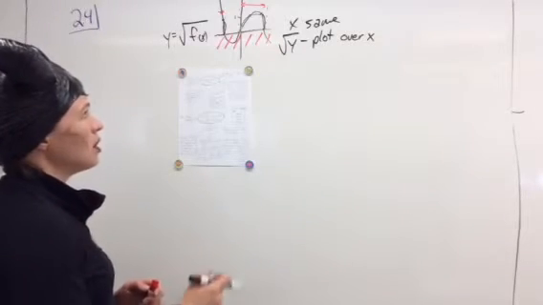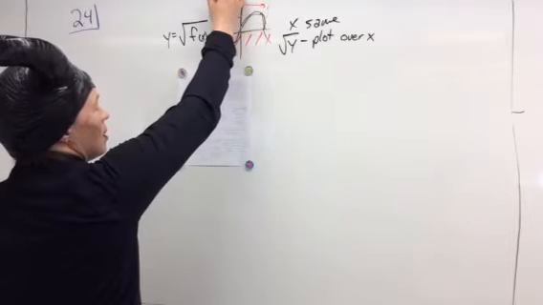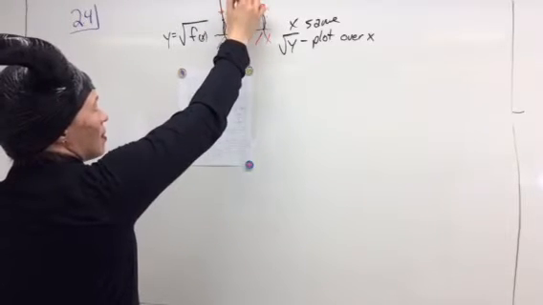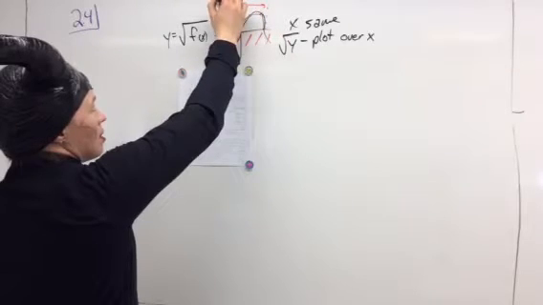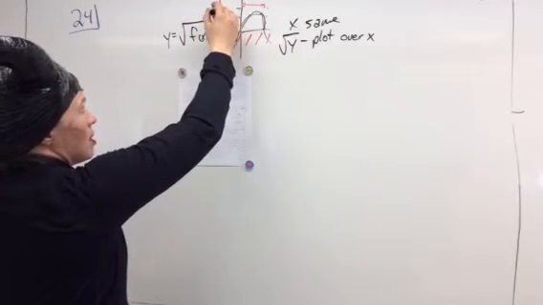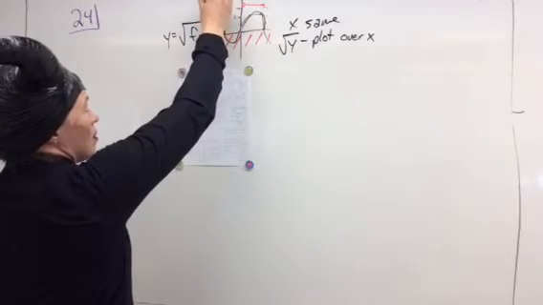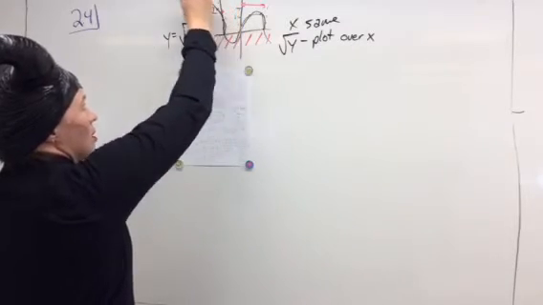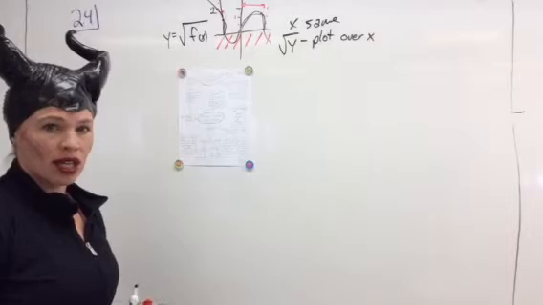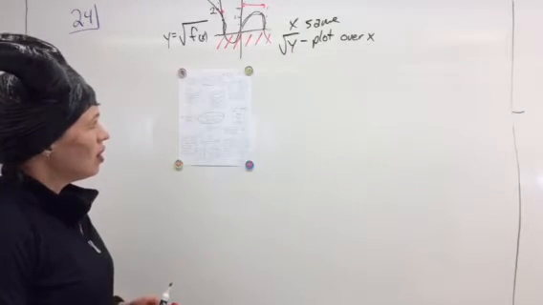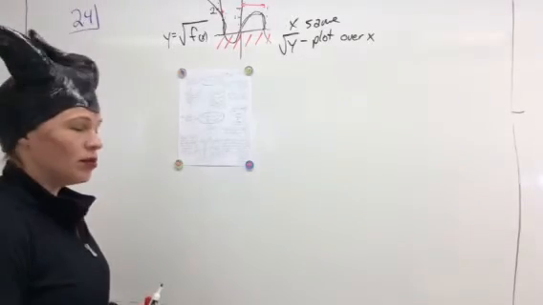Then, over here, that's where it's at 4, so I'm going to drop that down to 2, because it's the square root of 4. Then I'm just going to run my line through it, and there goes the sketch. Sorry, this is a rough sketch. Anyway, you get the idea.